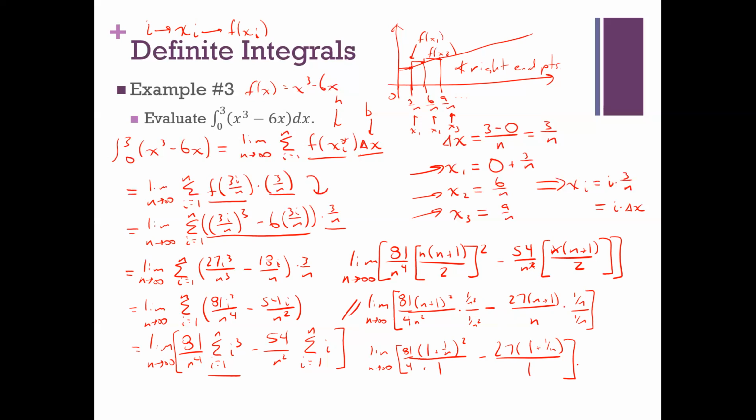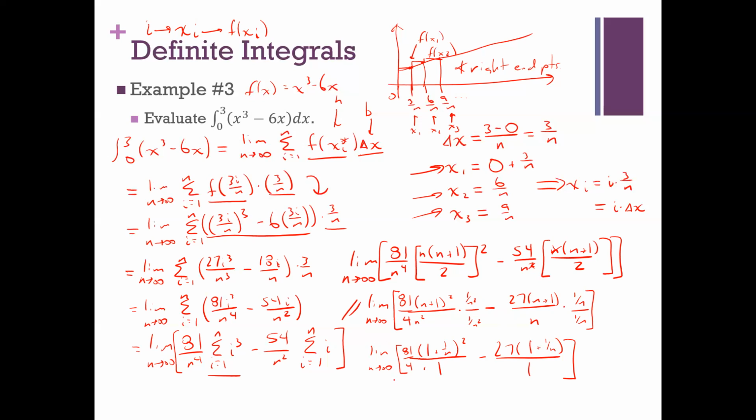So in the previous step, none of my limits exist because n goes to infinity. But now all those limits exist, because look at the two places where n is. What's going to happen as n goes to infinity there? What's going to happen to those 1 over n terms? They're going to go to 0.